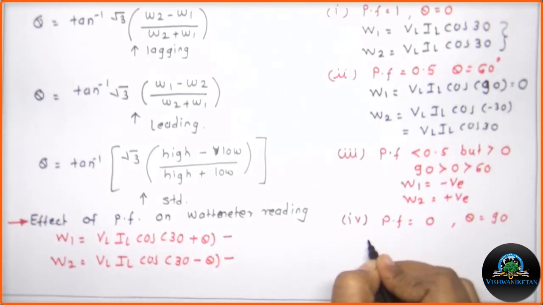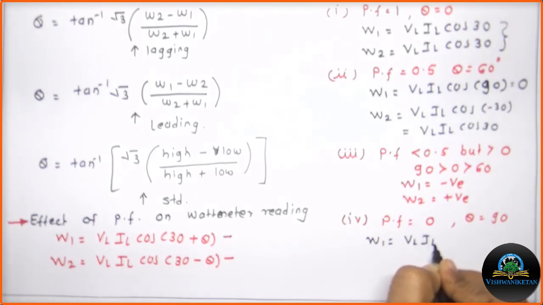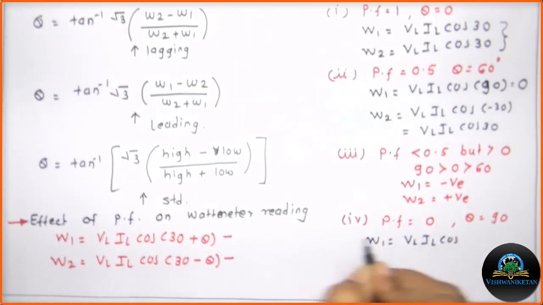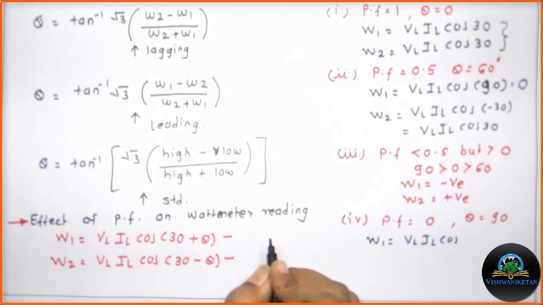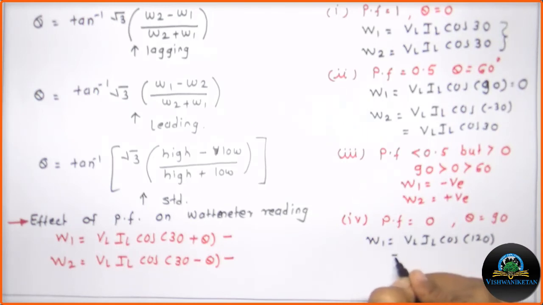So W1 is equal to VL IL cos(30 + 90), so it becomes 120, and this value becomes minus VL IL sin 30.